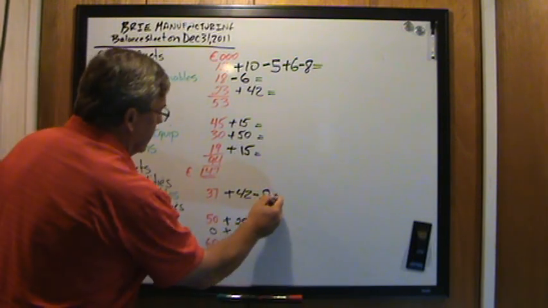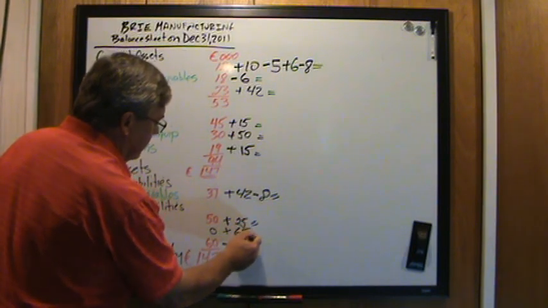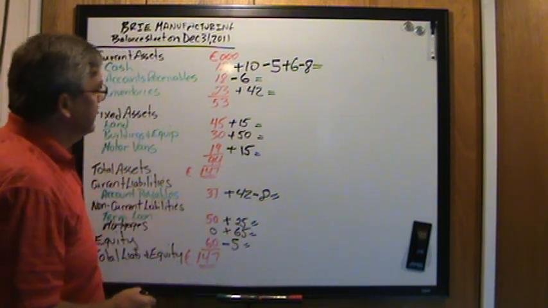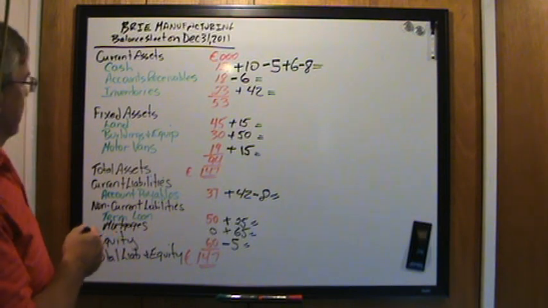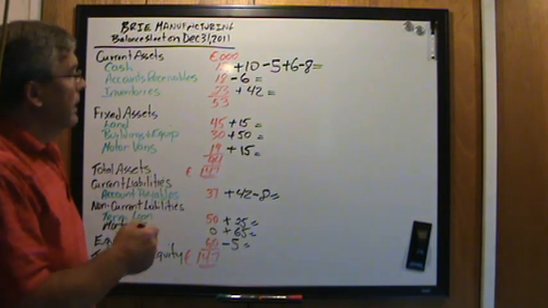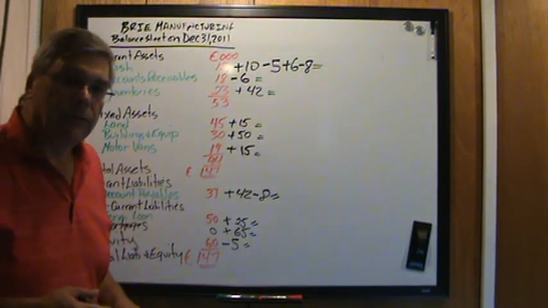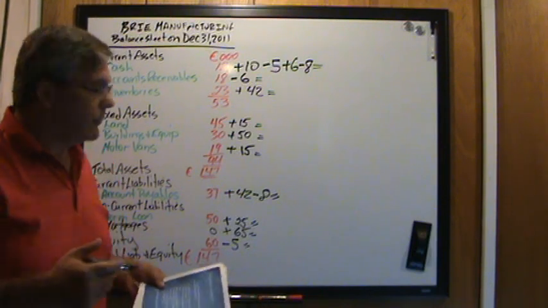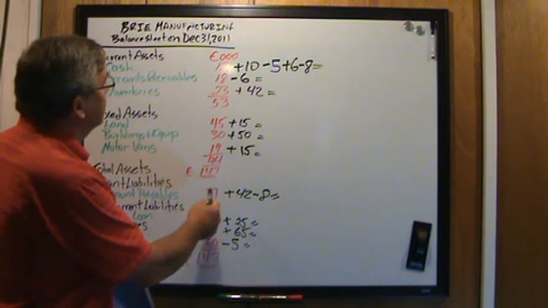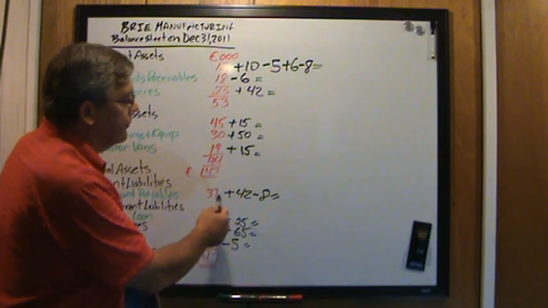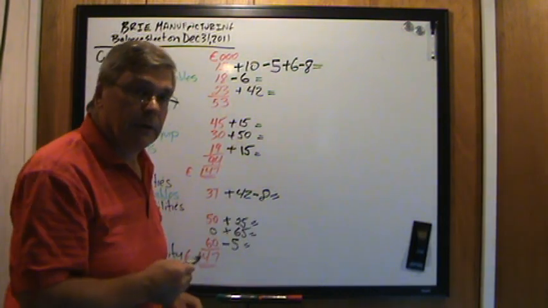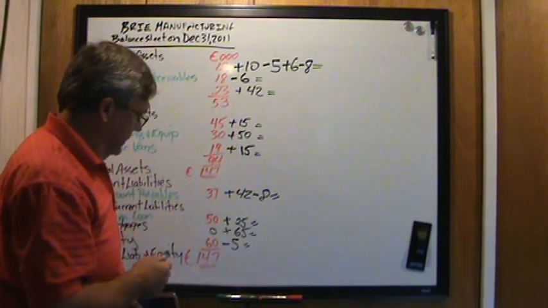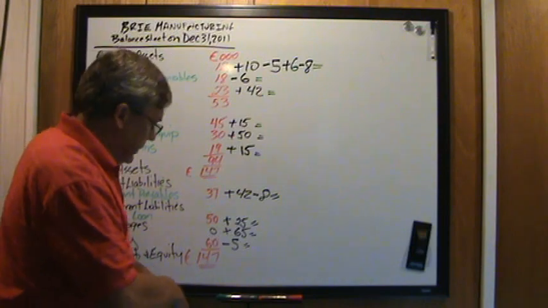In this case, I think we've dealt with all the accounts. If an account has not been affected by a transaction, then the amount that existed on December 31st will just transfer over to the other side.